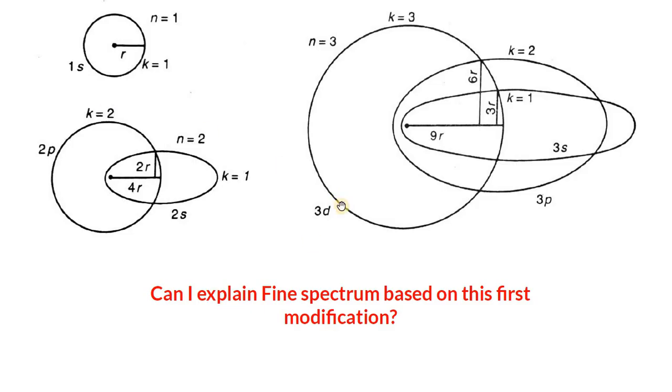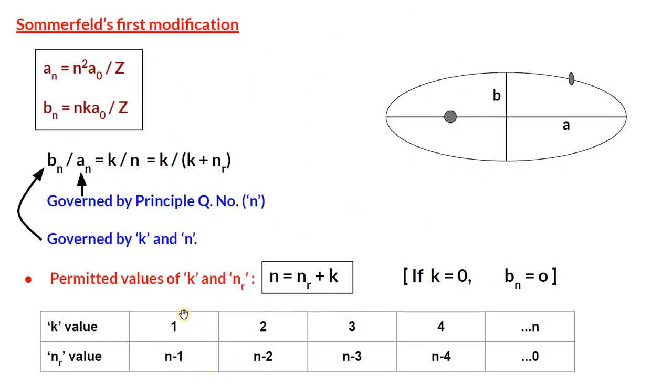Just understand these pictures. For the 1s orbital, 1s means ns, that means n equals 1 here. So if n equals 1, the k value starts from 1. So k will be equal to 1 and nr will be equal to 0. So n equals k.